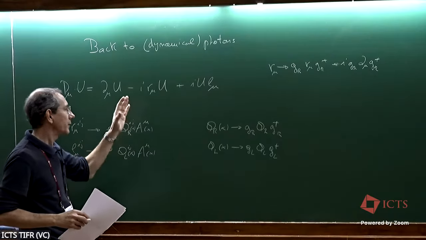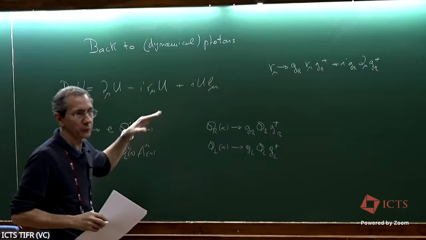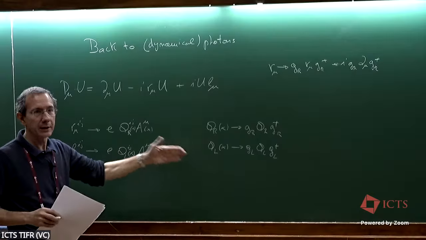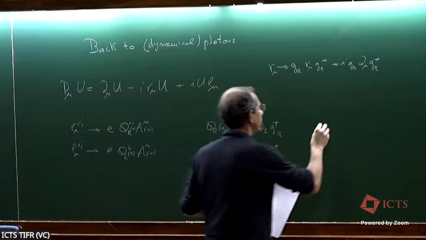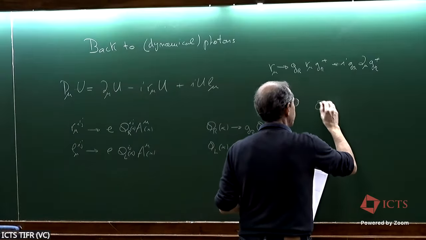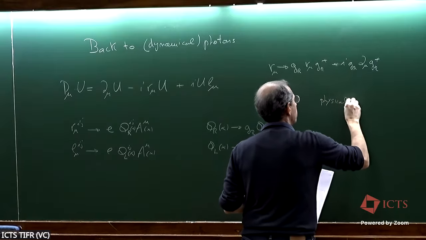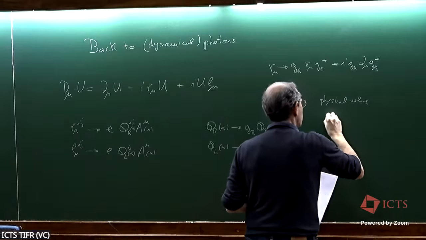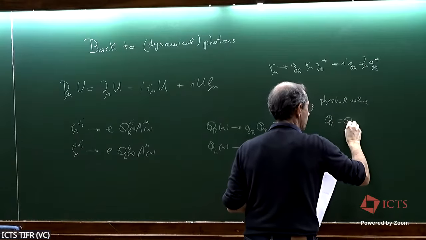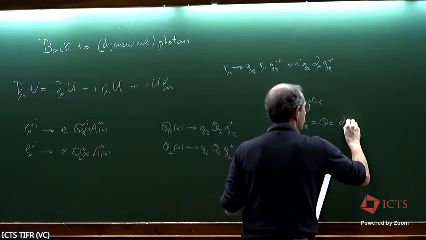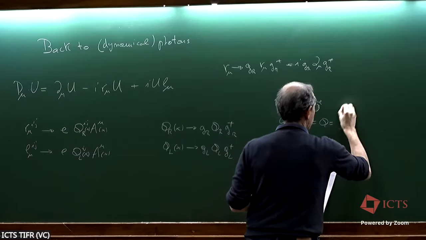Then of course I will freeze this Q to the value that I need, exactly as we did for the quark masses. The physical value is just the charge matrix.